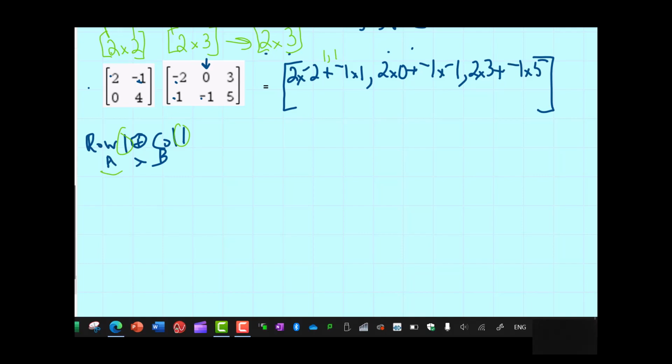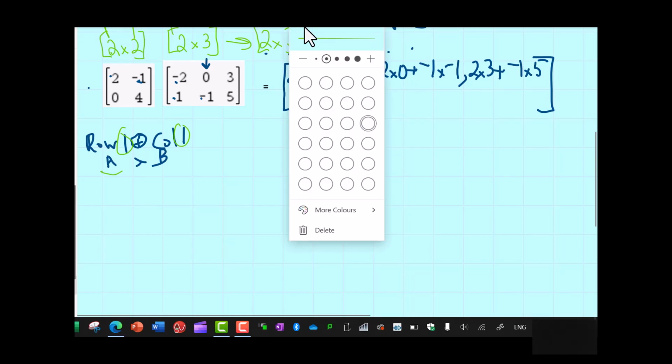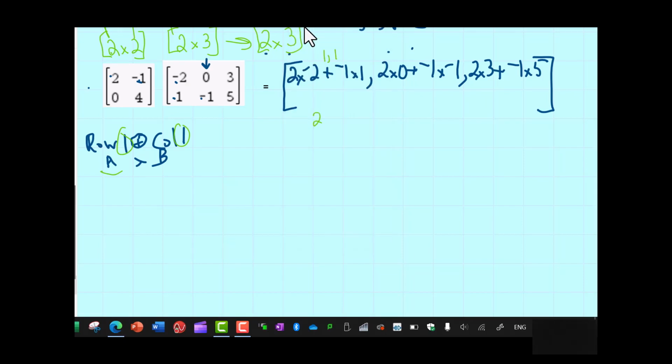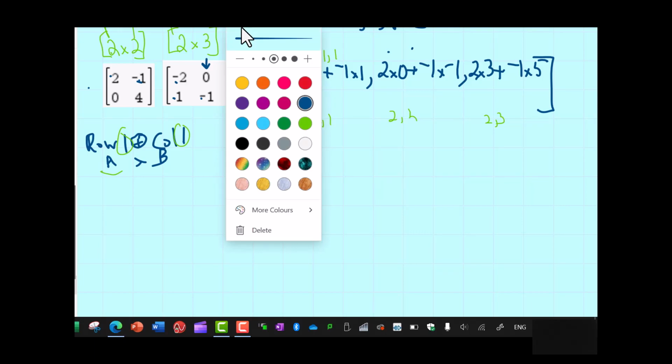And in the second row, we'll have position 2, 1, that'll be 2, 2, and that'll be position 2, 3. We have the corresponding rows and columns working together in the same way.